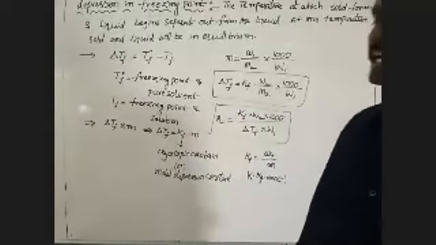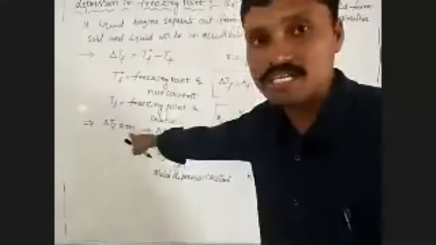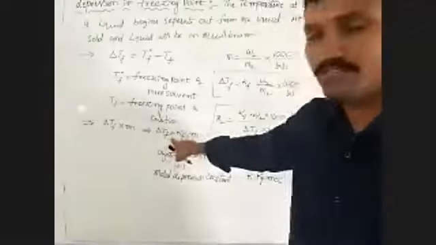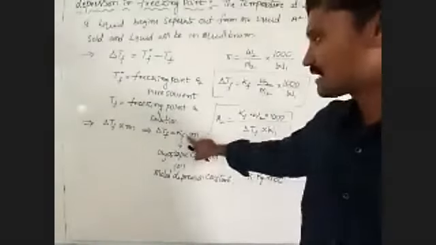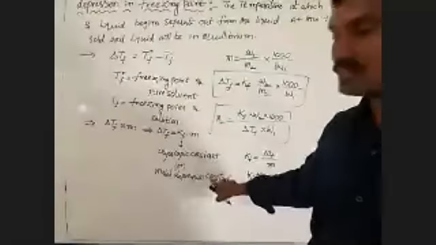For dilute solutions, delta Tf is directly proportional to m, that means molality. Here delta Tf is equal to Kf into m. Kf means cryoscopic constant or molal depression constant.